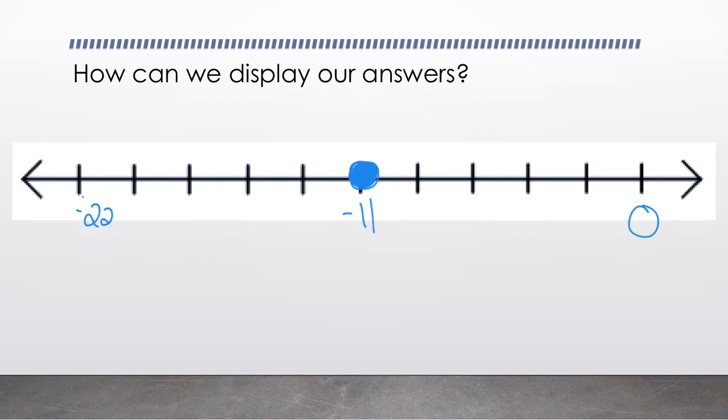Well, we said x is greater than or equal to, so -11 must be the least number. So I'm going to shade everything up, including the arrow.